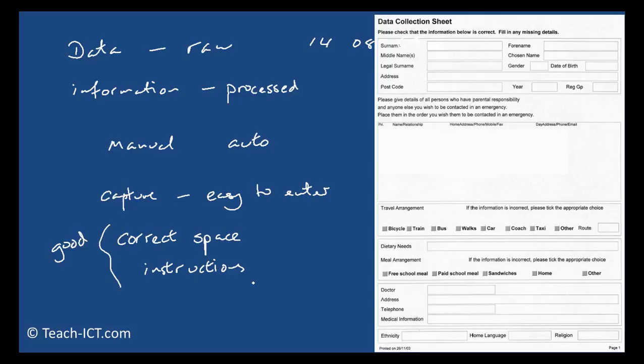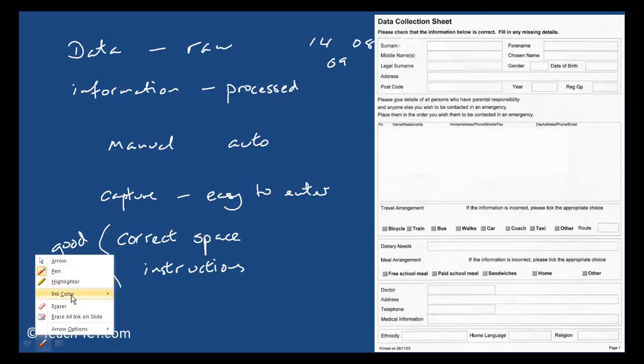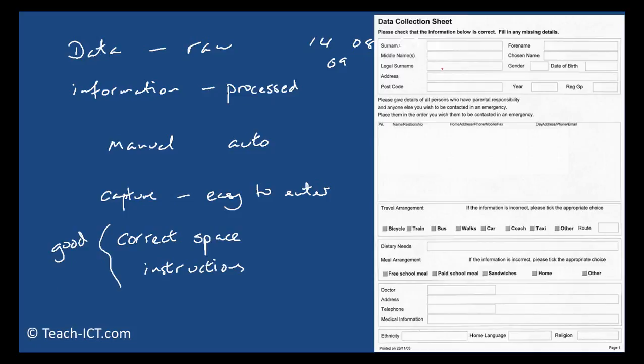Now I've got a form here, fortunately it went in front of those numbers there. I'll put the 69 there as well, never mind. But the whole point is that this is quite a good form. If I just flip the pen colour for a second to, let's say, a reddish colour, you can see that there are good gaps to put in. That's a nice big gap there, isn't it, for your surname?